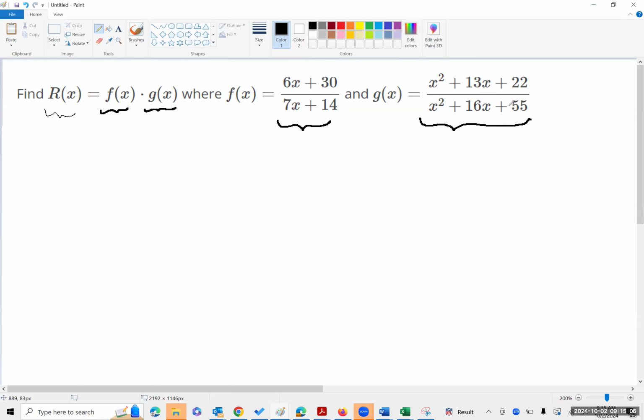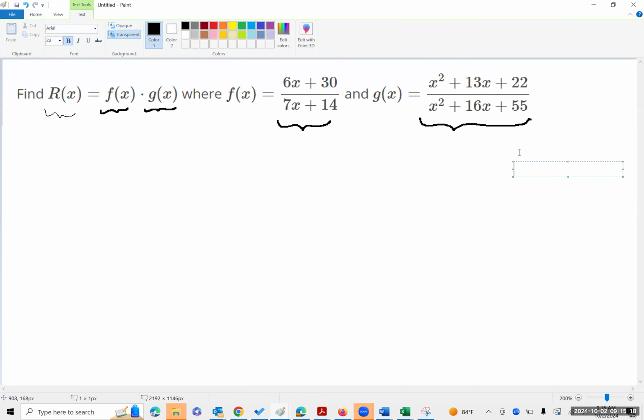But often when we say multiply rationals, what you probably want to, and I'll probably say this again, when you're multiplying, you really, let me choose a smaller font here. When you multiply, you actually have to factor and cancel.